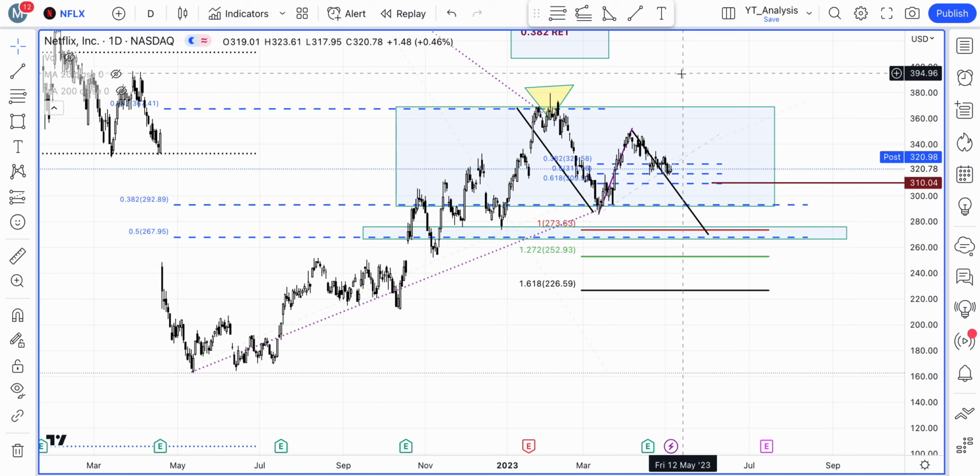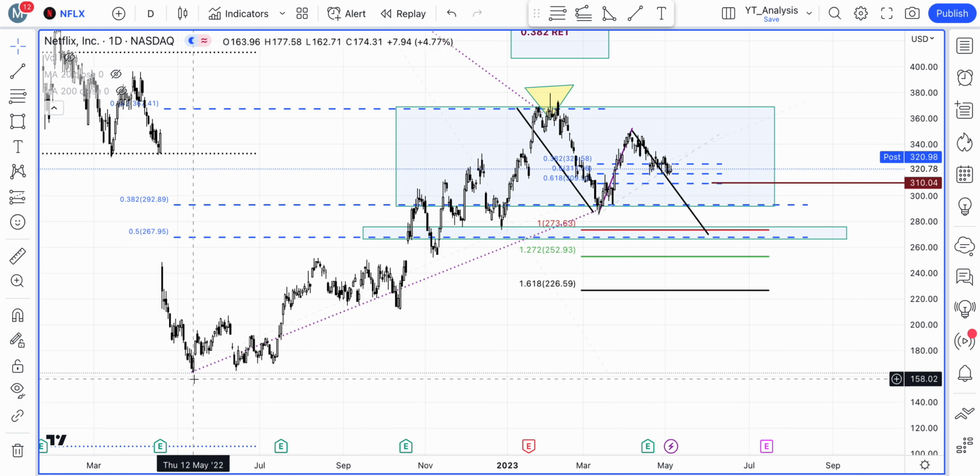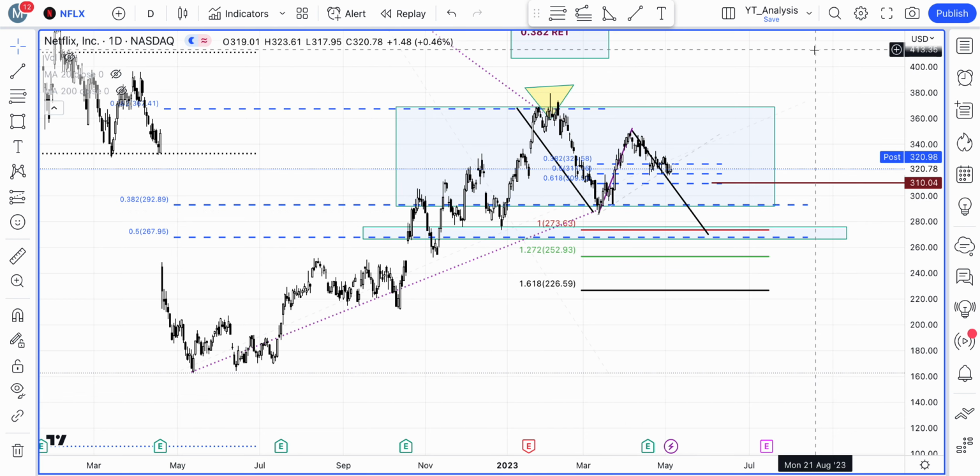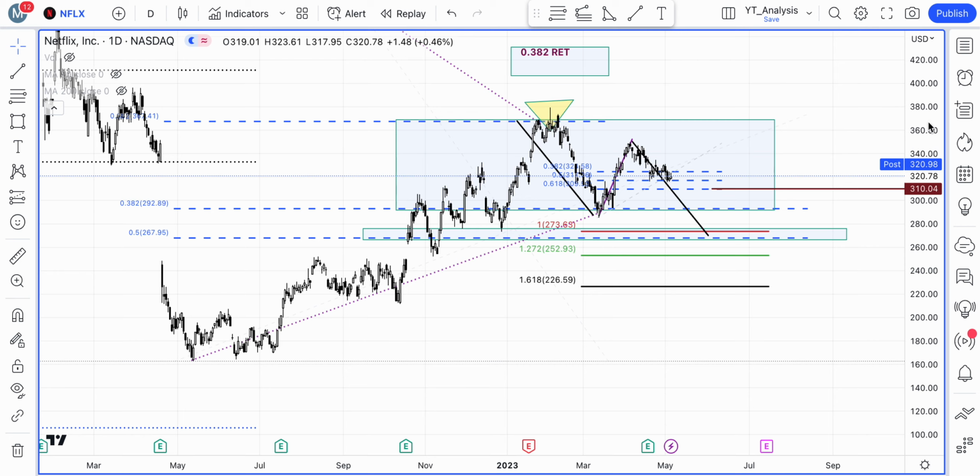If the breakout does happen to the upside, then we could have a one-to-one formation, which is going to be the A, B, C, D to the upside. Looks like that scenario I'll give a probability of about 40%, and a 60% chance that it's in this ABCD to the downside, in my opinion.